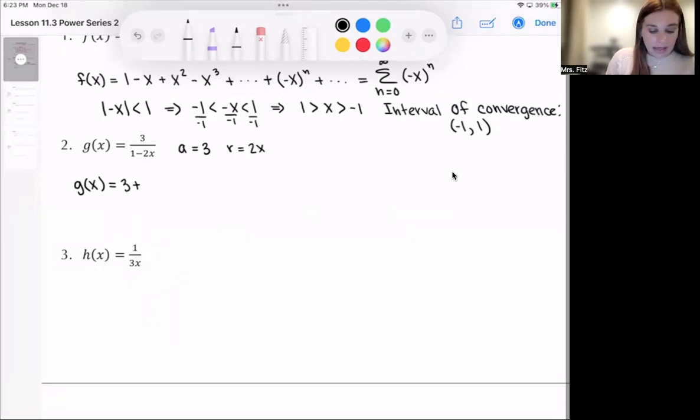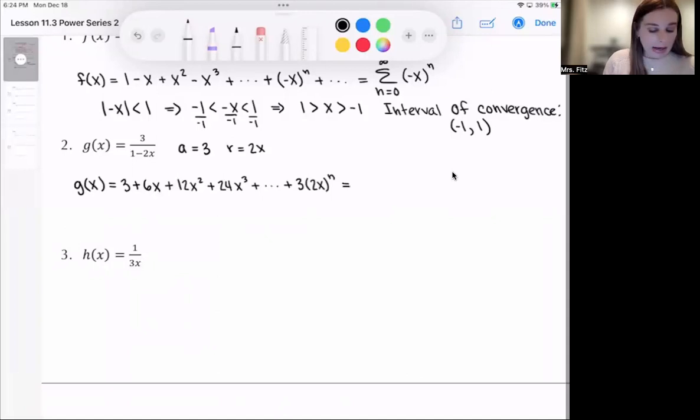So 3 times 2x would be 6x, plus 6x times 2x, we get 12x squared, plus we're going to multiply by 2x again. We get 24x cubed plus, so it wants the first 4 terms and the general term, which would be 3, sorry, times 2x to the nth power, right?